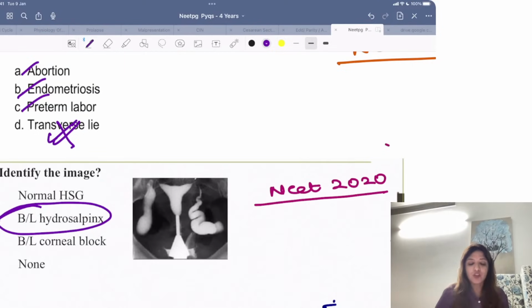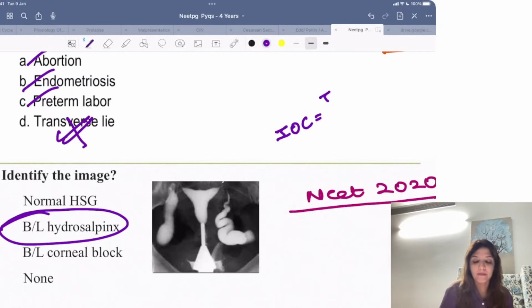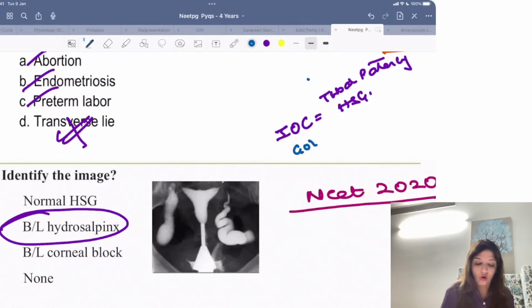Now, if they show you this image and they ask you what is the next step, please remember HSG, the investigation of choice for tubal patency, is HSG. But it is not the best investigation. The gold standard investigation for tubal patency is laparoscopic chromopertubation.